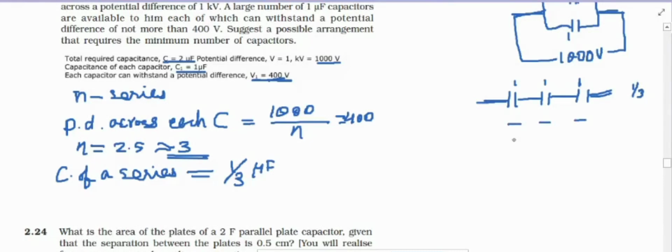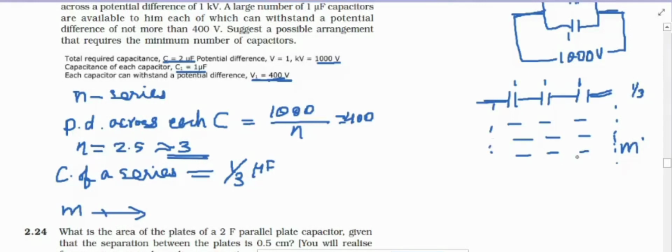Now, next we assume that we connect identical series like this. Again 3 capacitors, again next to 3 capacitors. So we can take m number of rows, total m rows. If m rows are there and each row has capacitance 1 by 3, and these rows are connected in parallel, parallel means direct addition.